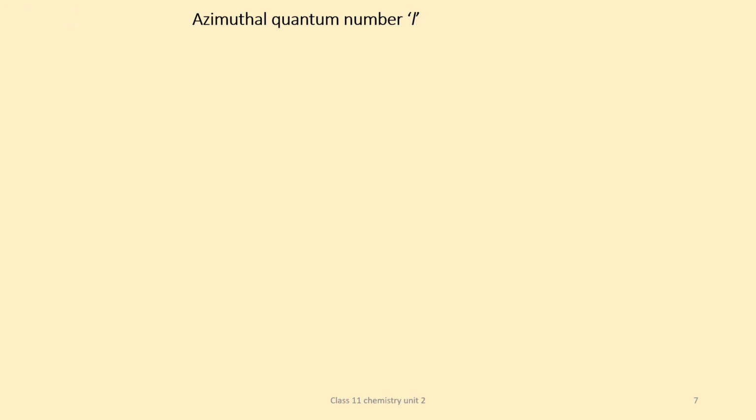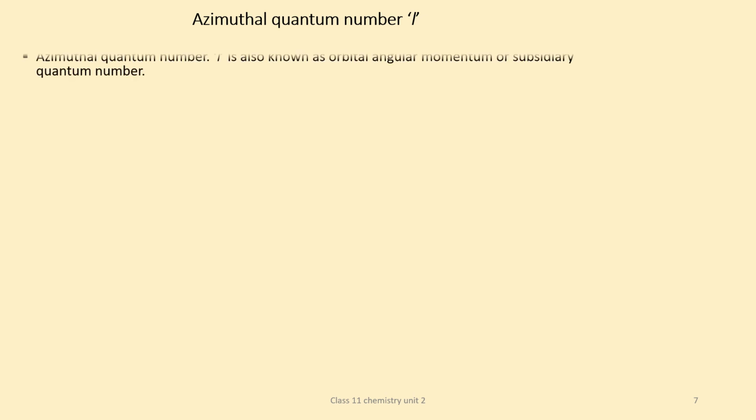The azimuthal quantum number is represented by the symbol small l. The azimuthal quantum number l is also known as the orbital angular momentum or subsidiary quantum number. It defines the three-dimensional shape of the orbital.